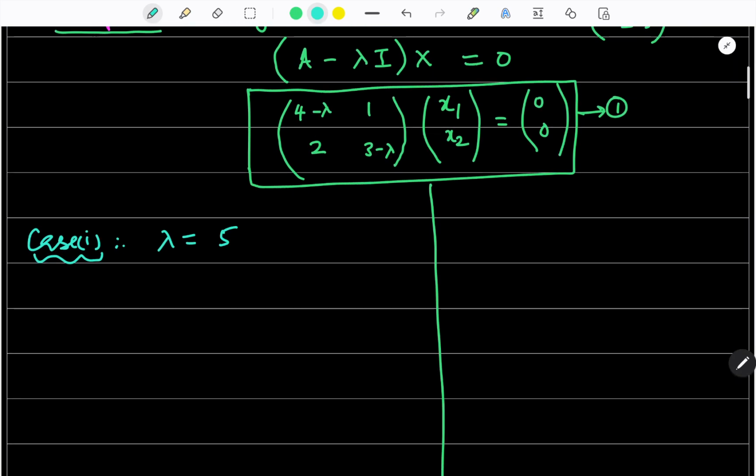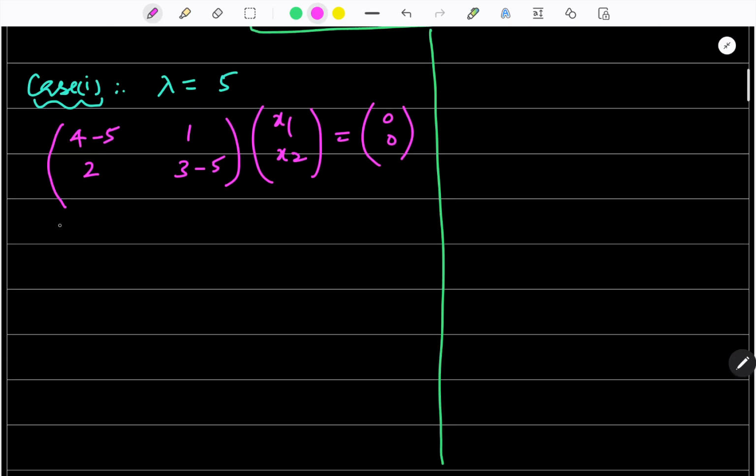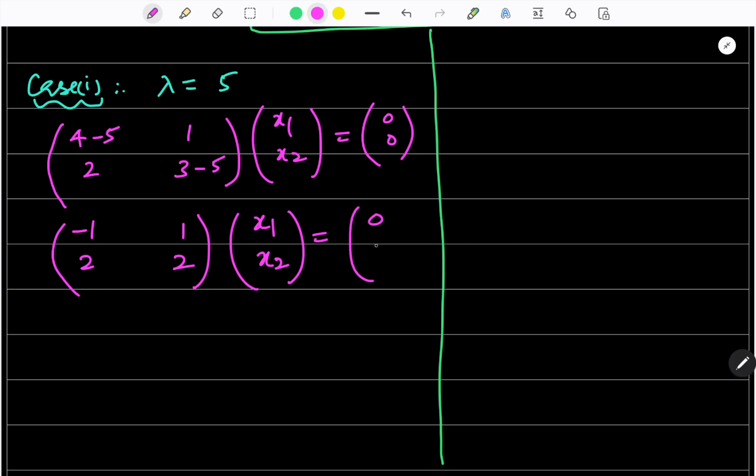When lambda is equal to 5, the first matrix will be 4 minus 5, 1, 2 and 3 minus 5, operating on x1, x2 equals 0, 0. 4 minus 5 is minus 1, and 3 minus 5 is going to become minus 2.